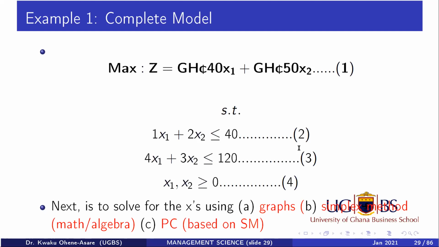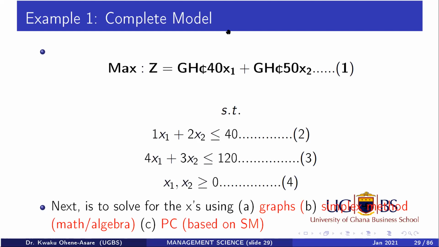So the purpose of this is to just demonstrate the graphical approach. I want to quickly ask you one thing. How many constraints are there in this formulation? You can raise your hand and tell me.